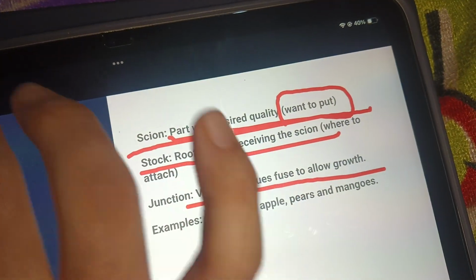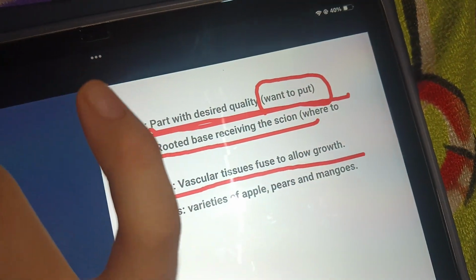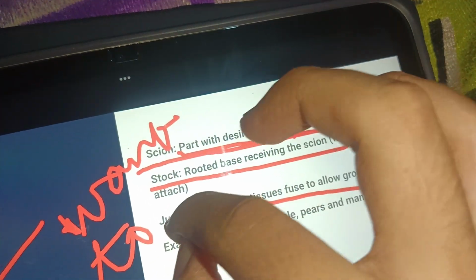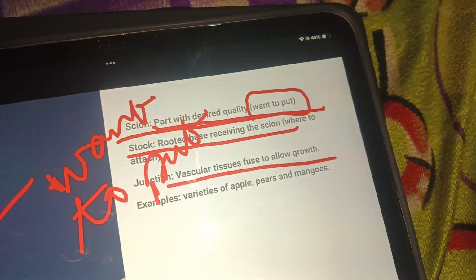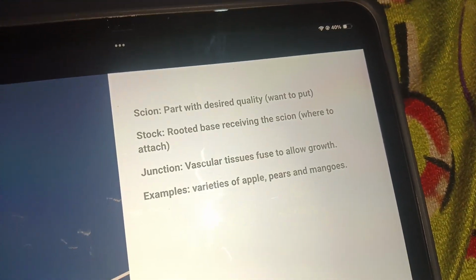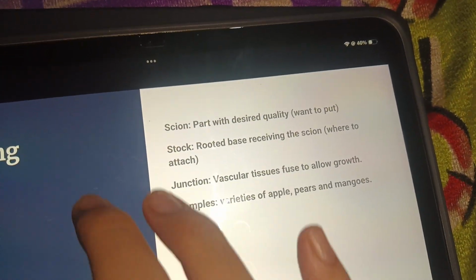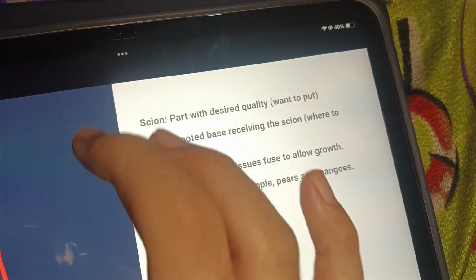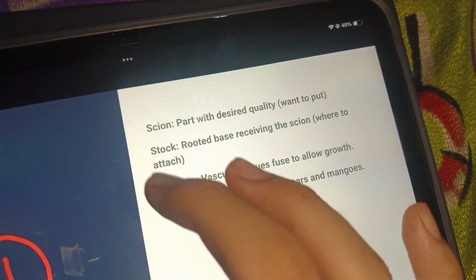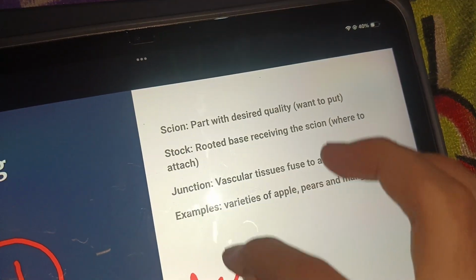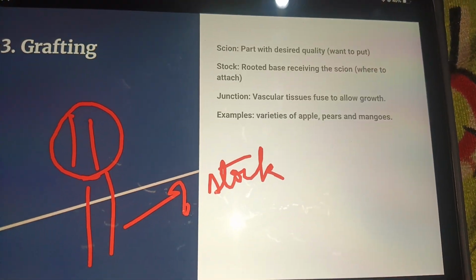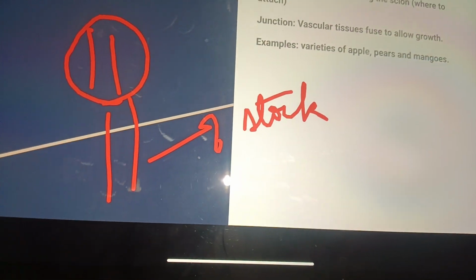What you want to put in this half plant is known as the scion. Then the stock is the rooted base receiving the scion, meaning where to attach this scion. Any doubts? Scion means which you want to put, and stock means where you want to attach the scion.